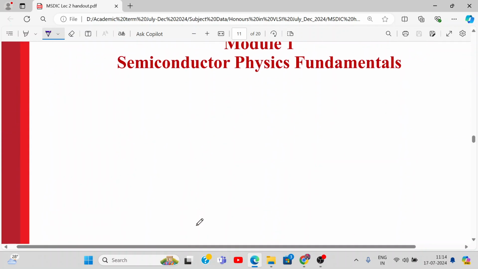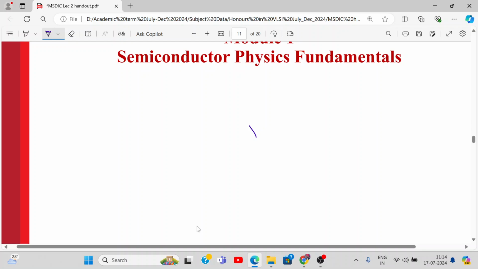Okay. If you have an atom of a semiconductor, this is the atom, and a light wave falls on it. Light wave means photons. The light wave falls on the semiconductor. It gives away a free electron and a hole.